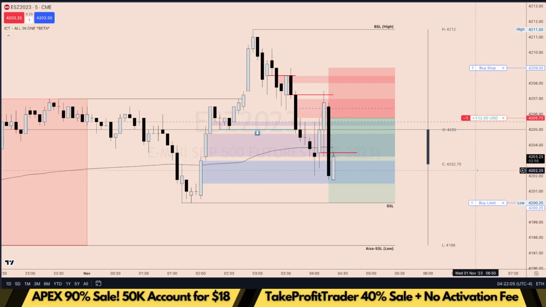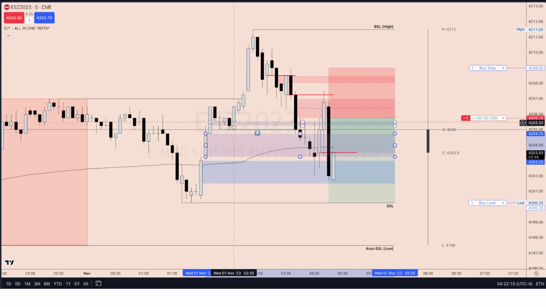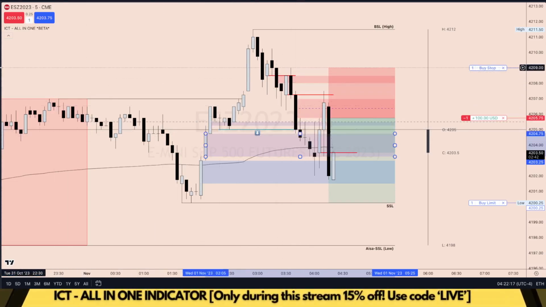So now we're in that area of the order block paired with the inversion fair value gap. We have the VWAP above us, the midnight level above us, the daily open above us, this inversion fair value gap above us. If we take a close look, we look for the lowest down closing candle of this push to the upside, which would be right here.